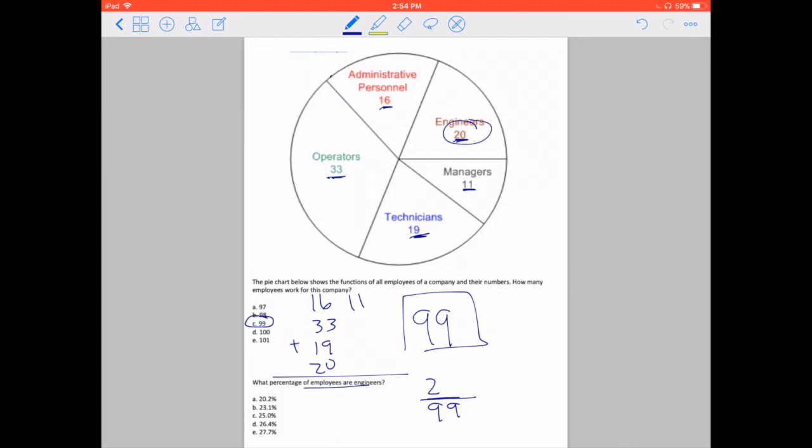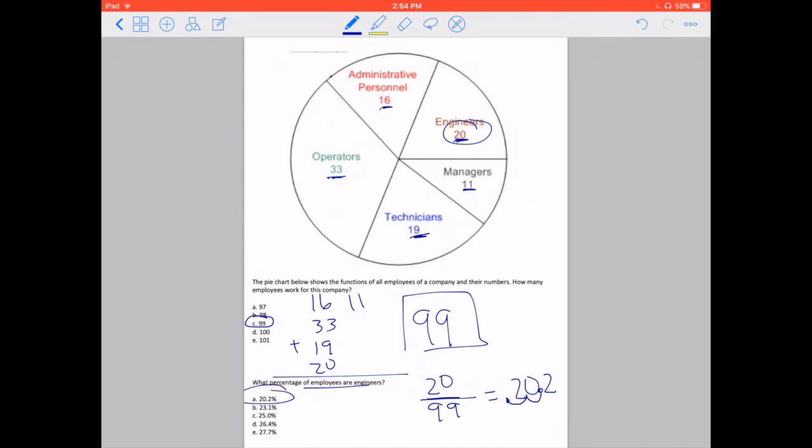So we have 20 over 99, which can give us a percentage. When we do 20 divided by 99 to convert it to a decimal, we get 0.202. Then to convert it to a percentage, we move that decimal point 2 places to the right, and we get 20.2%.